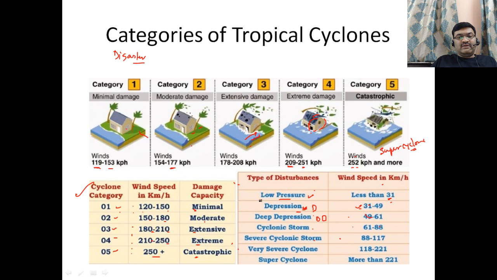See, like you measure earthquakes on a scale that is known as the Richter scale, similarly there is a scale for measuring the intensity of the tropical cyclone, and this scale is based on the velocity of the wind. This scale is referred to as the Saffir-Simpson scale.